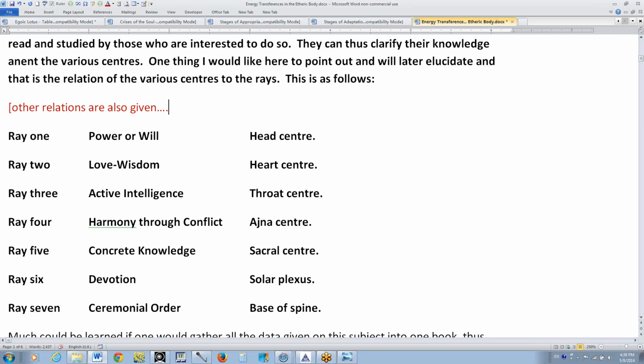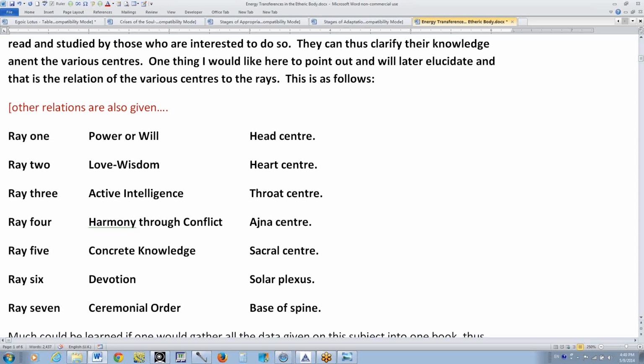Ray 6, devotion, that's pretty well standard. And Ray 7, ceremonial order. Well, it is the seventh chakra, and it resides at the base of the spine. It has everything to do with the etheric nature of man, and so it fits with the seventh ray.